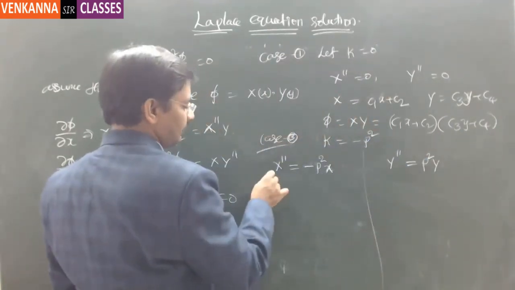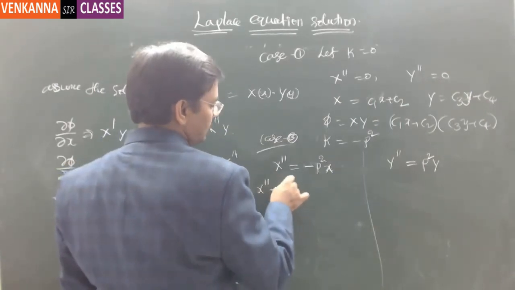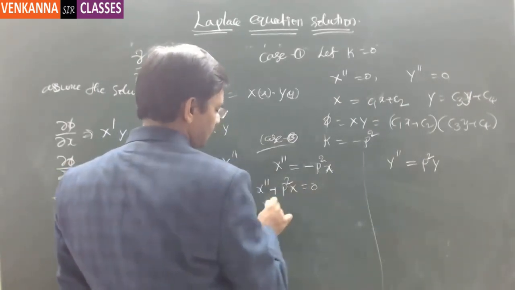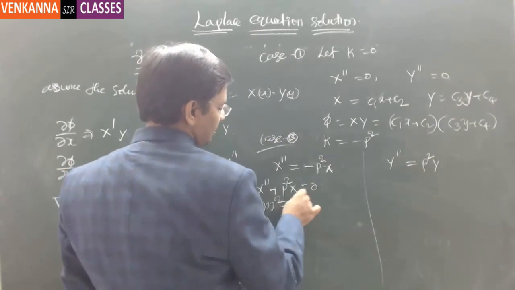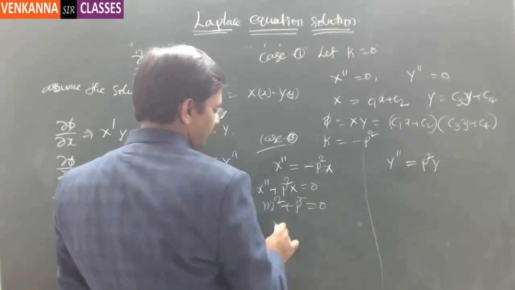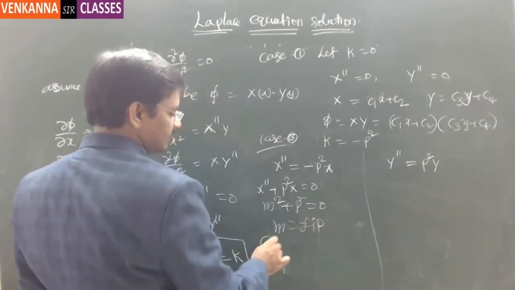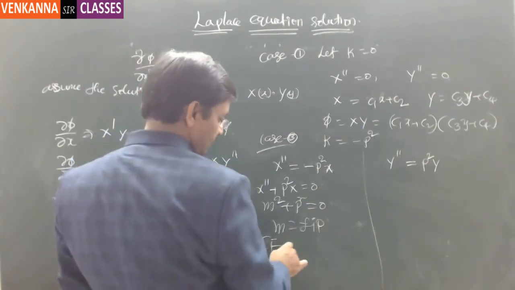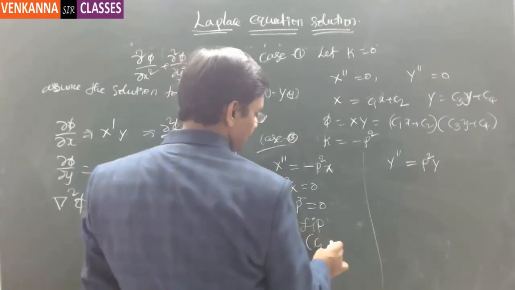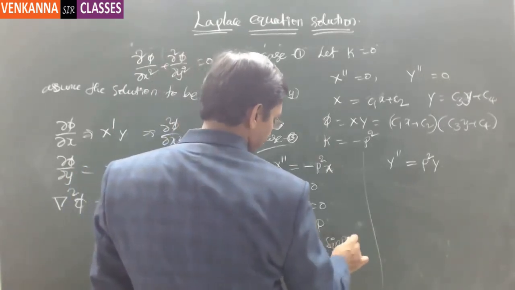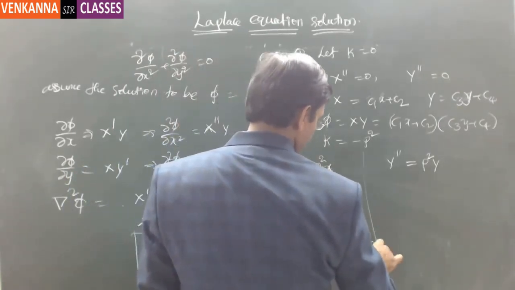Again, this is going to be x double dash plus p square x equal to 0, and the auxiliary equation is m square plus p square equal to 0, and m is equal to plus or minus ip, and the complementary function is x equal to c1 sin px plus c2 cos px.